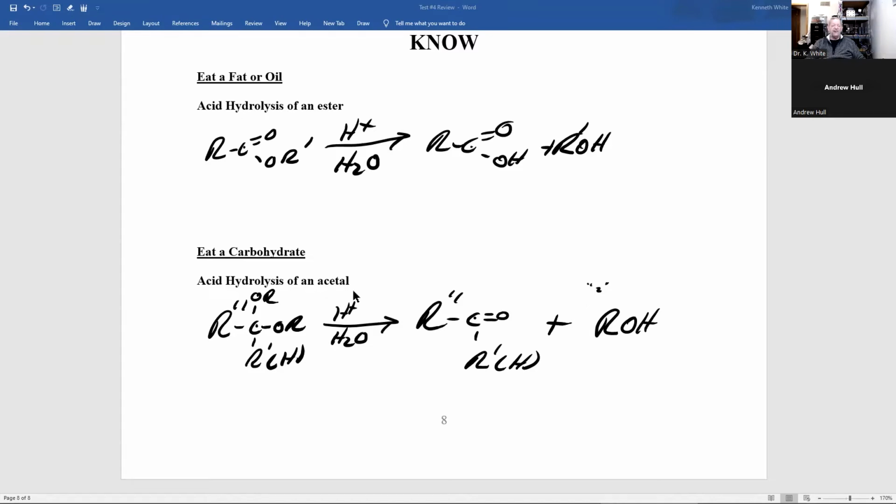What's the key functional group in a carbohydrate like starch or sucrose? An acetal. And you learned for test 2, acetal or ketal, acid and water, you get back the aldehyde or ketone you would have used to make that acetal or ketal plus the alcohol. We don't balance it, but if you wanted to put a 2 there, can I do that any smaller? I'll have to try. And that's that.